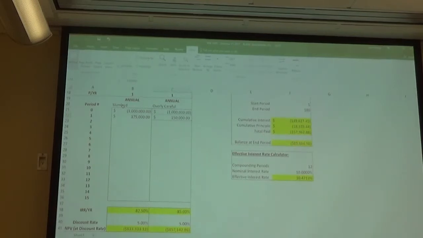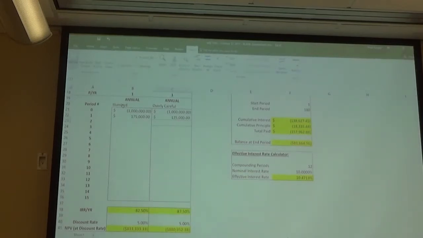On the flip side, the overly careful, overly conscientious investor is going to inflate the operating expenses to where this number is going to go down. In other words, they're going to be finding anything they possibly can to fix on the property. So that might go down to, let's say, I don't know, 125.